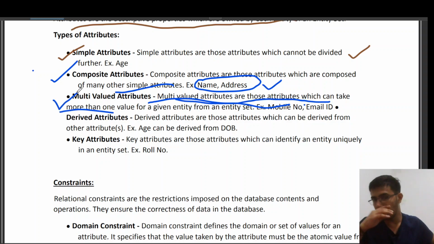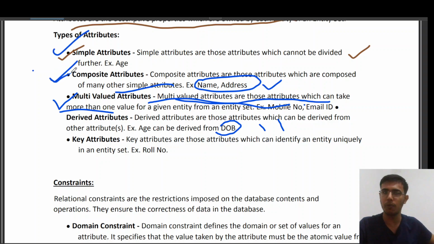The attributes that can take more than one value, that is what we call multi-valued attributes, like DOB. It can take your date, your month also, and the year. So it is basically multi-valued.